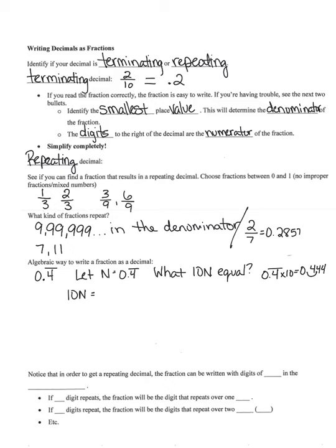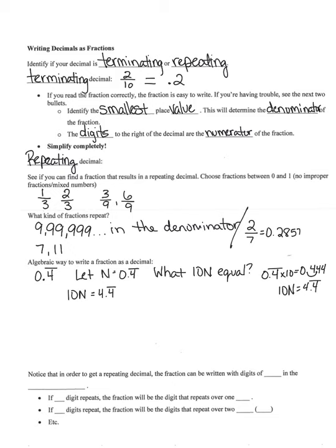So now it becomes 4.4 repeating. So 10n is equal to 4.4, and then we have the repeating decimal sign above the 4. So 10n equals 4.4 repeating.